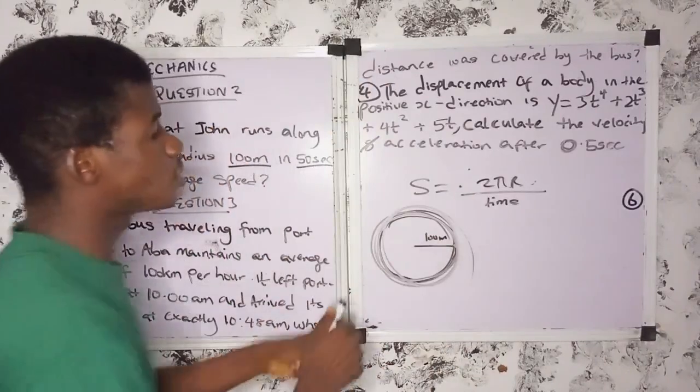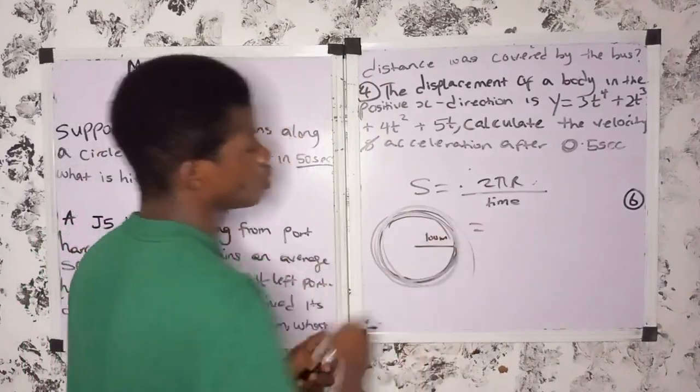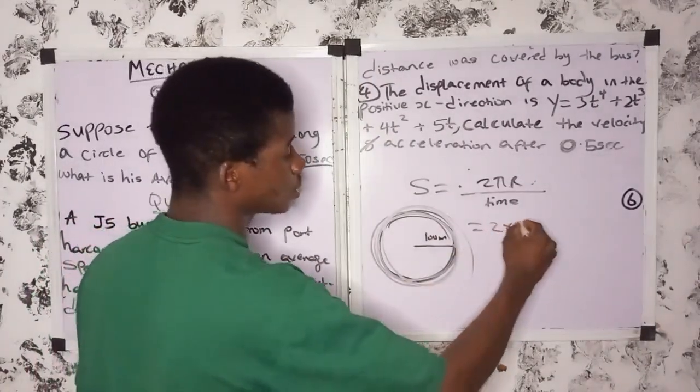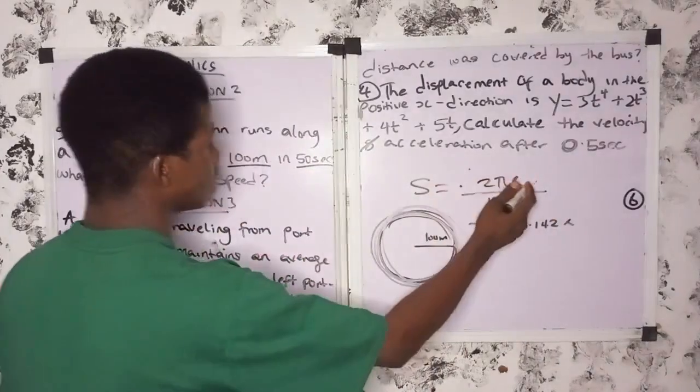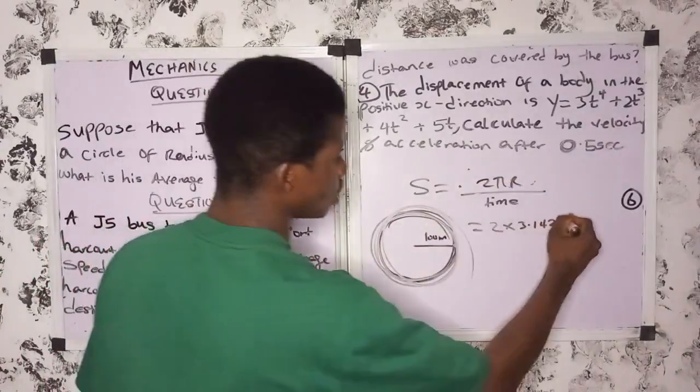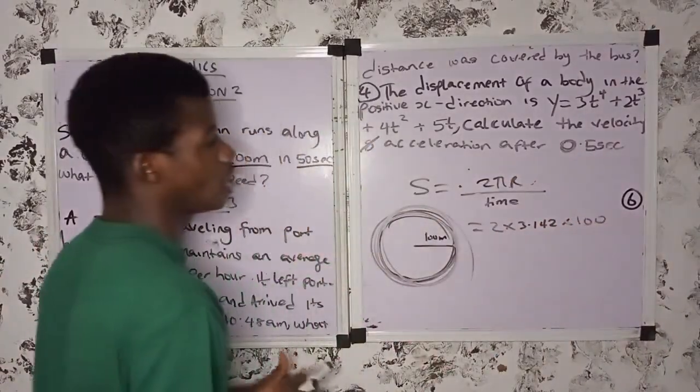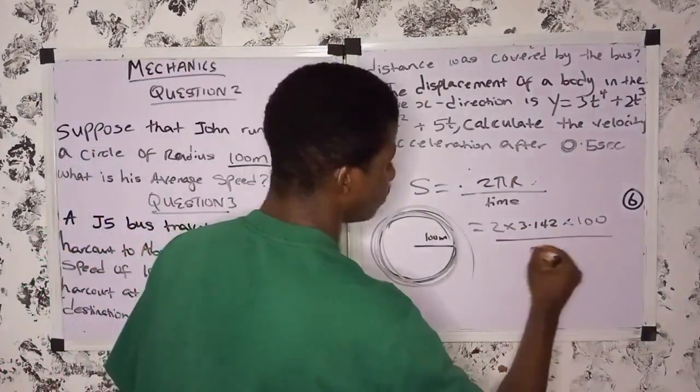Now let's continue. That should be equal to 2 times pi, which is 3.142, times r, the radius, which is 100, divided by 50.